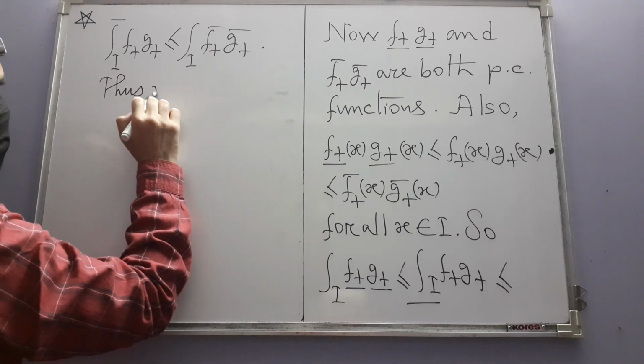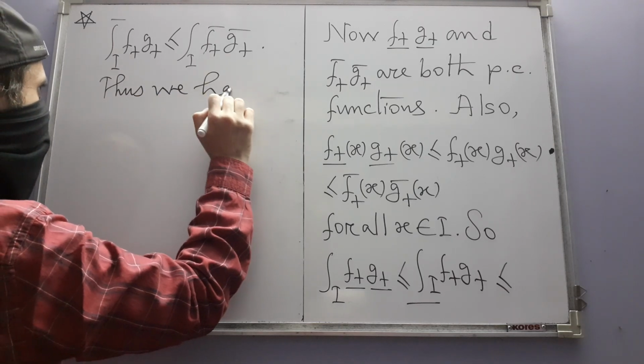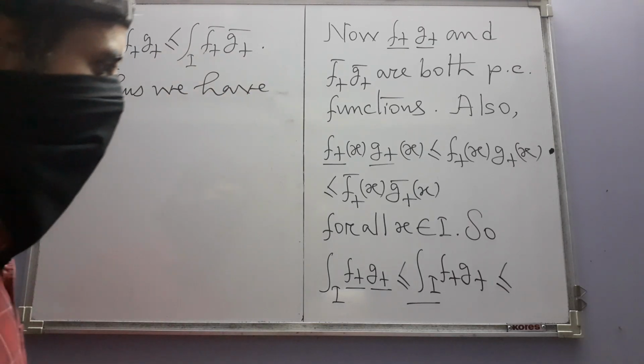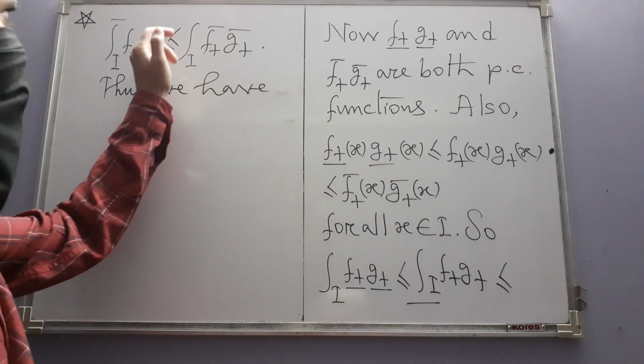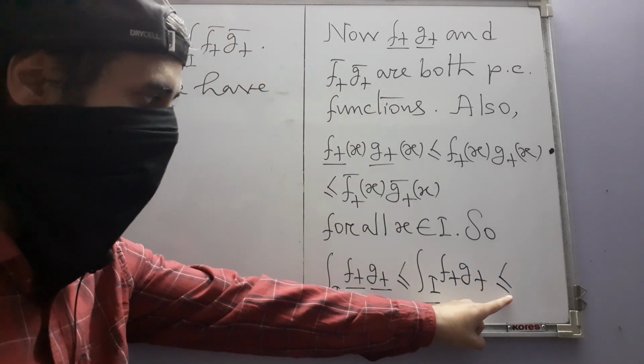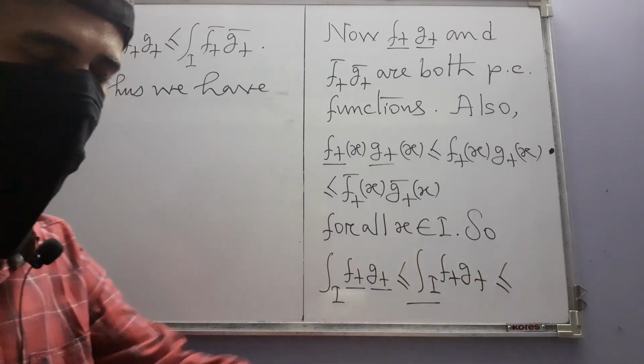Thus, we have, now if you subtract the lower Riemann integral from the upper Riemann integral, due to this middle inequality, that will be non-negative.